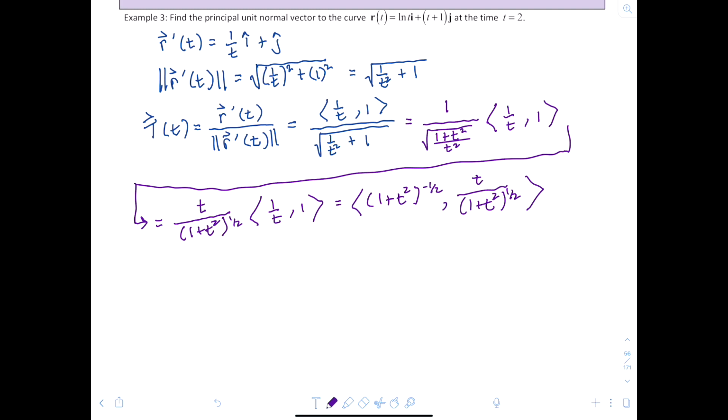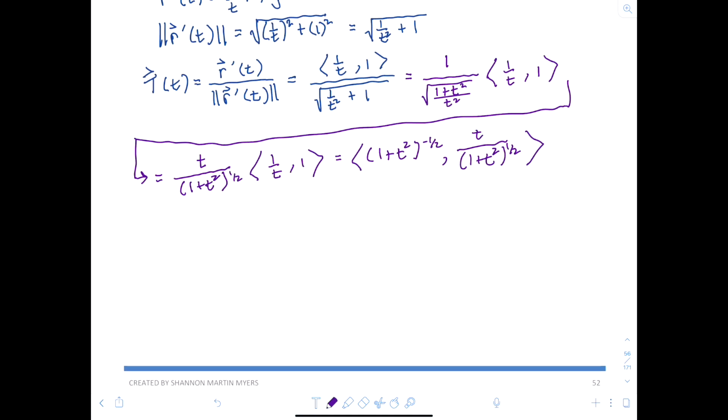So now I have to differentiate each of those, right? So to get T prime of t, using the chain rule, I'll have negative 1/2 times our something to the negative 3/2 times the derivative of our something.